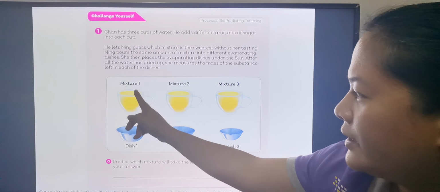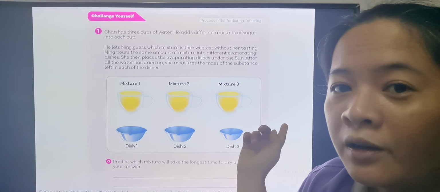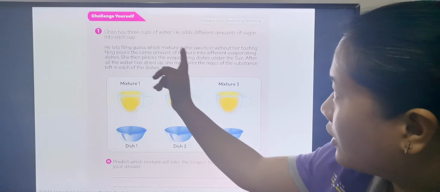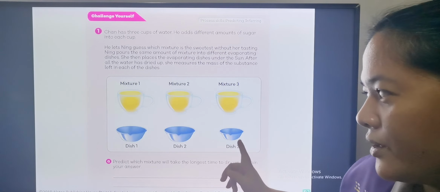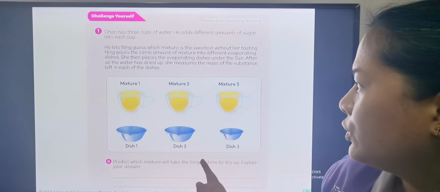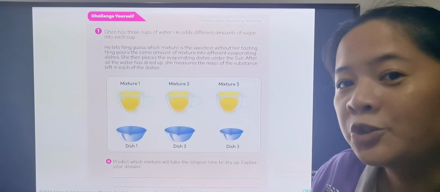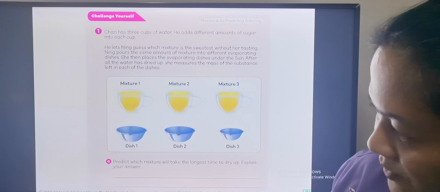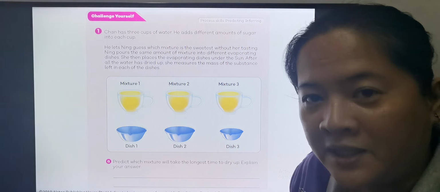Remember they have the same amount of water but different amounts of sugar, and the dishes are different sizes. This one is smaller, these are bigger. Predict your answer and explain why you chose that mixture.